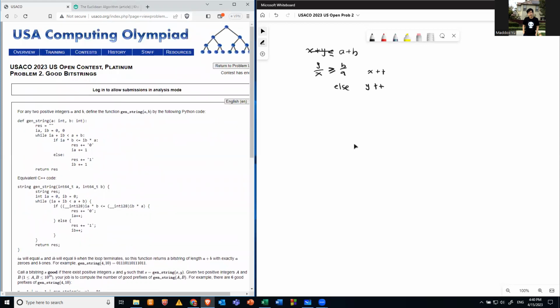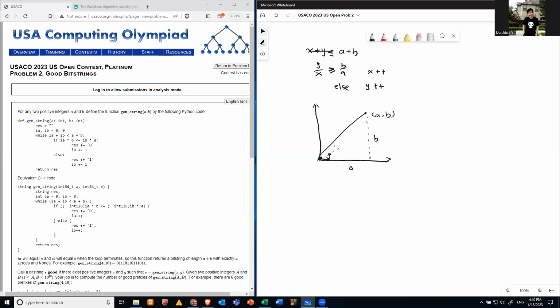If you draw it in 2 dimensions, you have a number, which is a, b, right? This is b and this is a, and you start from here. Initially you move x by 1, and then y by 1.